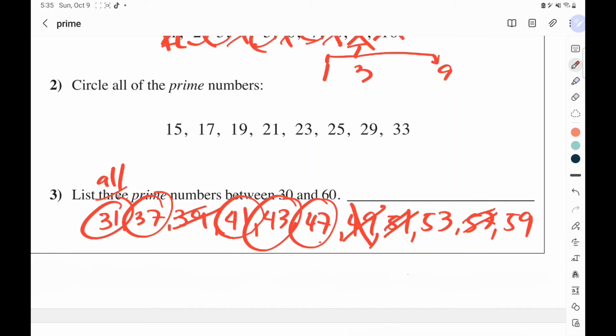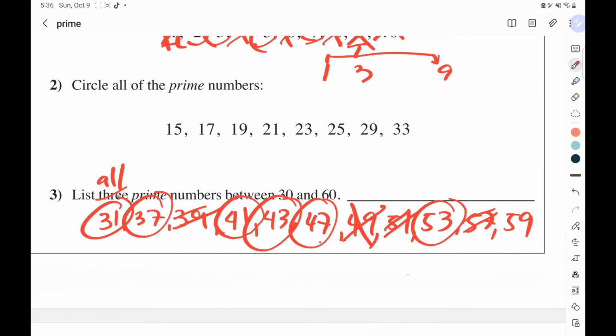Let's go to 53. 53 divided by 7 is equal to 7, and we have a remainder of 4. That means 53 is a prime number because it is not divisible by 7, which is our last test to determine whether these numbers are prime numbers.